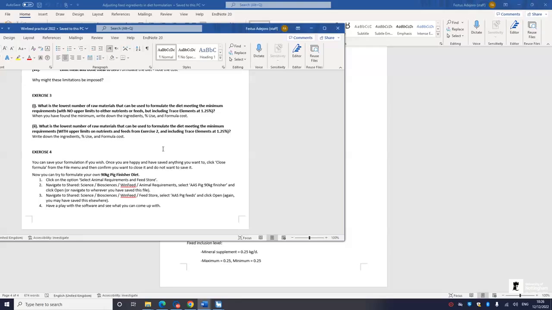If we want to do a serious brain-tasking exercise, which is not one of our learning goals, we can use the WinFeed software to formulate feed, then check the prices of those ingredients, put them on Excel and try to do it manually and see how close we can get per kg of feed.